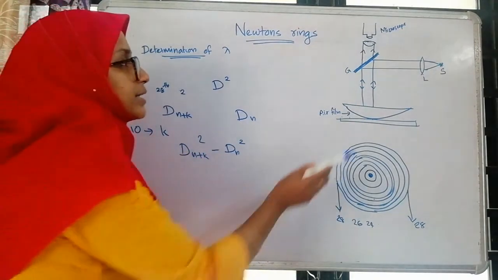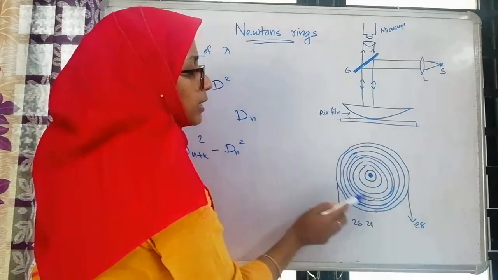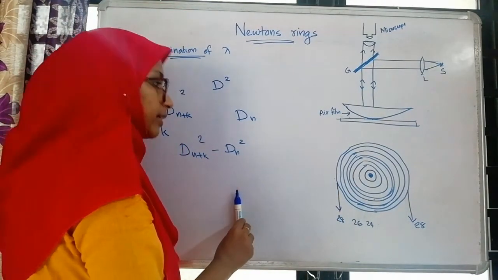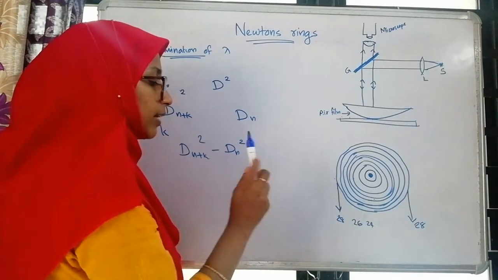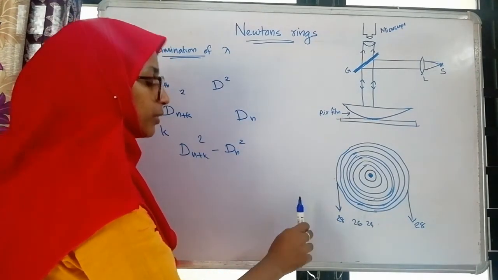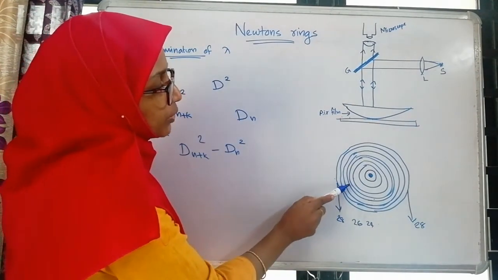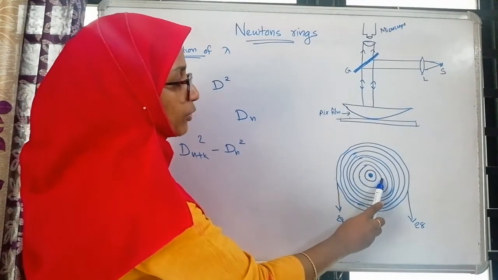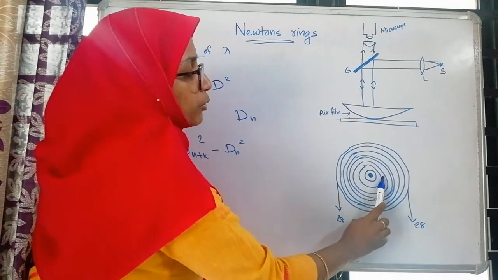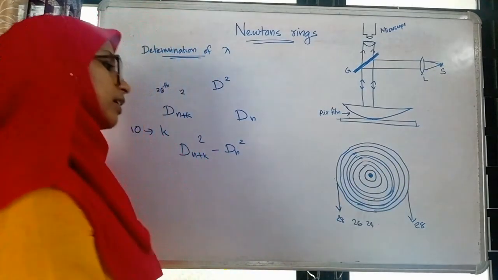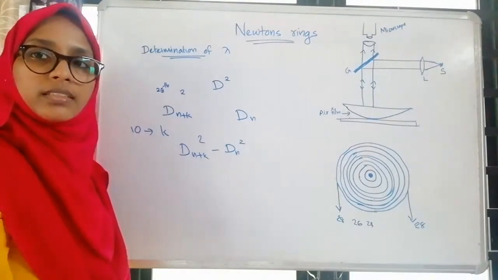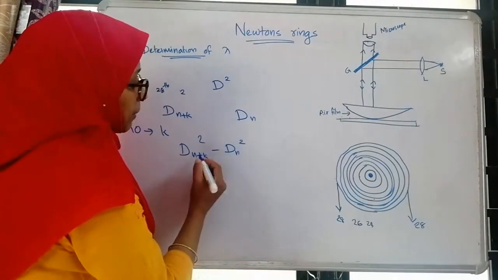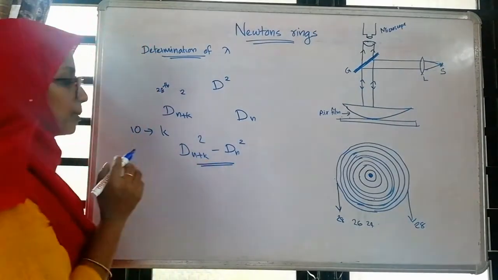After arranging this Newton's ring arrangement, find the Newton's ring and count towards the left direction, starting the counting from the 28th ring, and count alternately 28, 26, 24, etc. When we reach the fourth ring here, you have to go to the fourth ring at the right side and horizontally move to the right until it ends at the 28th ring on the right side. Now the D(n+k) square minus D(n) square measurement is completed.